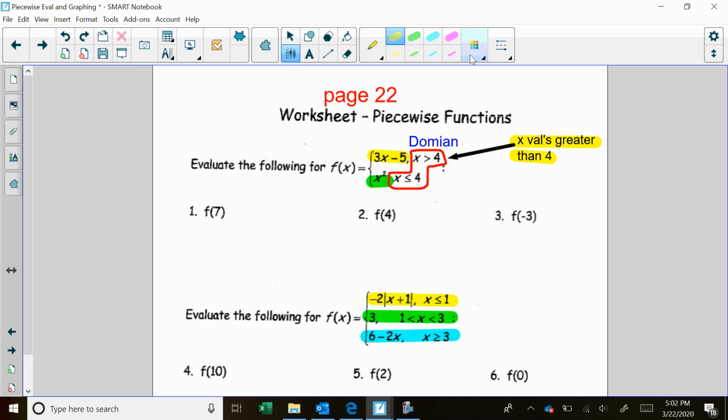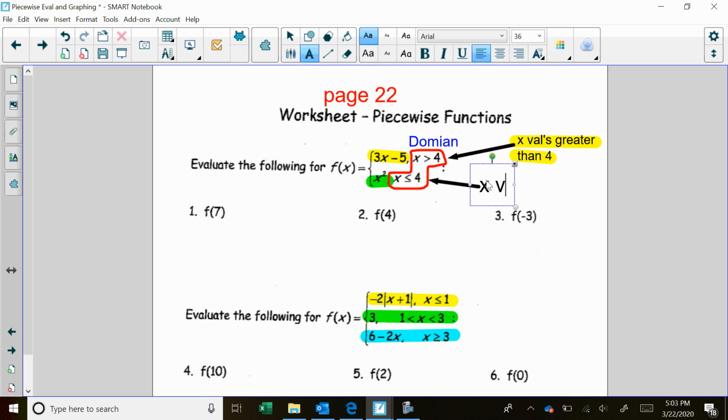So down here, on the bottom part, we're looking at x values that are less than, well, let's put less than or equal to 4.